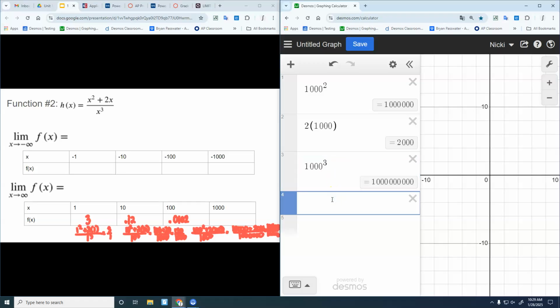So that's got 6 zeros, plus 2,000. And then this is going to be 9 zeros. Okay, so I get 0.001002.